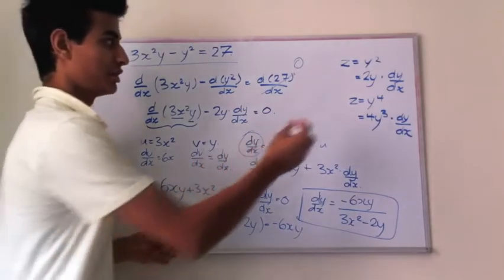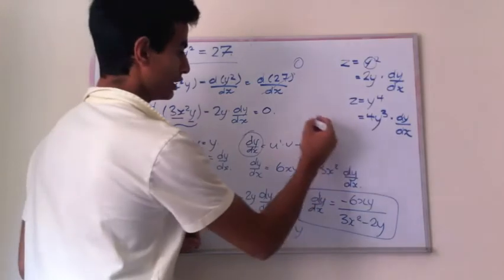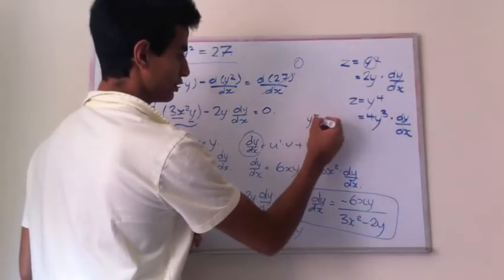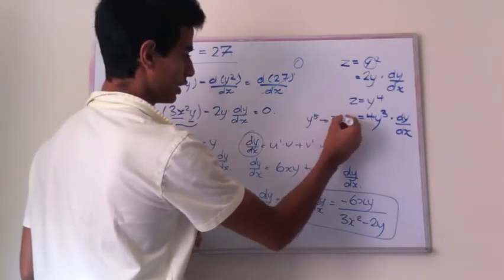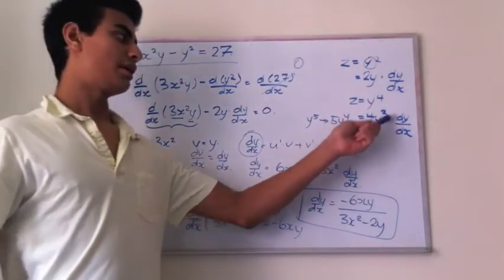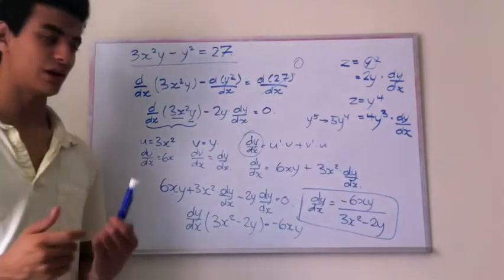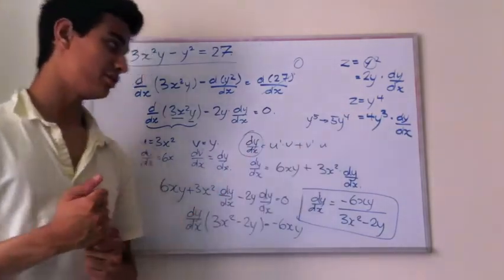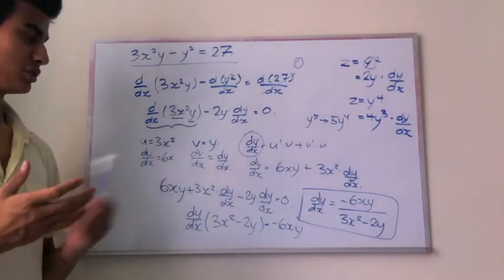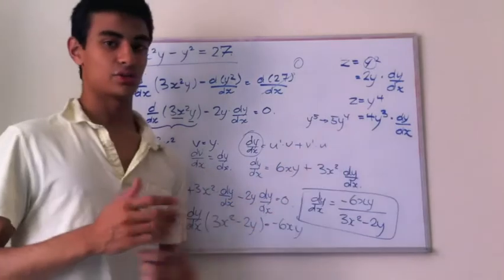Meaning that just pretend you're just differentiating this normally. Like say you have y to the 5th, the derivative is 5y to the 4th. Just pretend you're differentiating it and then multiply by a dy over dx term. You can actually skip the chain rule step if you have a good intuition of how to do this, but showing the chain rule always helps to understand why exactly you can take this shortcut.